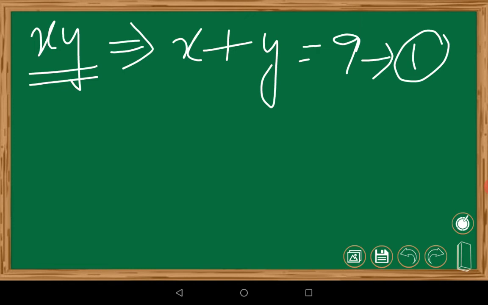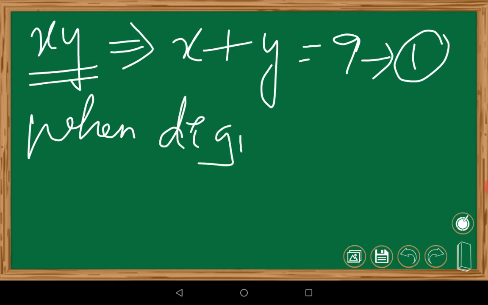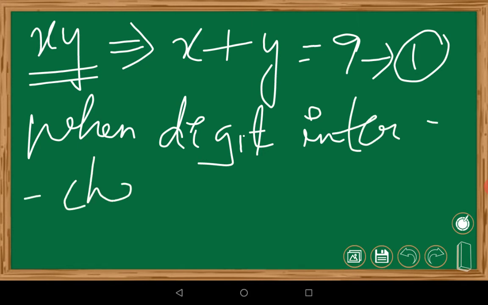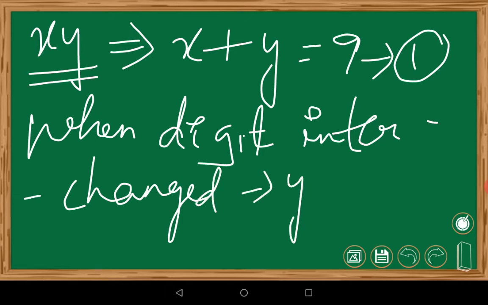Clear? Now when we interchange the digits, so when the digits are interchanged, what will happen? It will obviously become yx, right? Then y will be the tens place and x will be the units place, right?